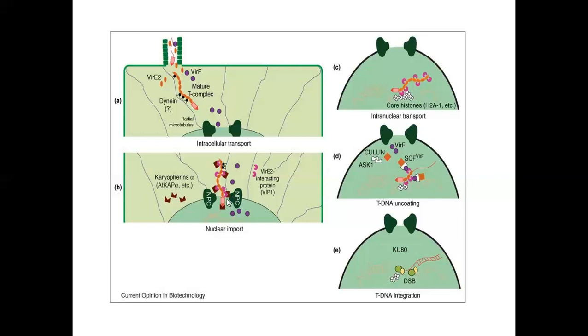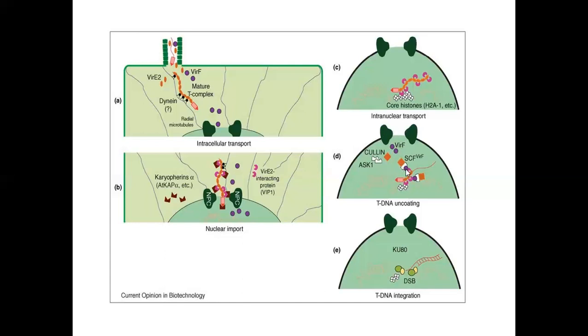The target complementary DNA synthesizes the second strand of DNA with the help of DNA polymerase 3 enzyme. During this process, virulent E proteins also interact with the target DNA. Finally, double-strand target DNAs are synthesized.